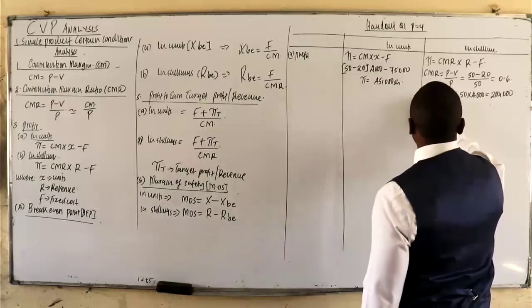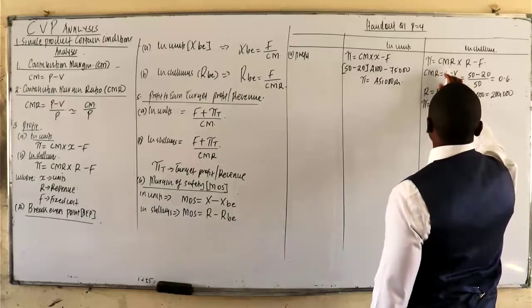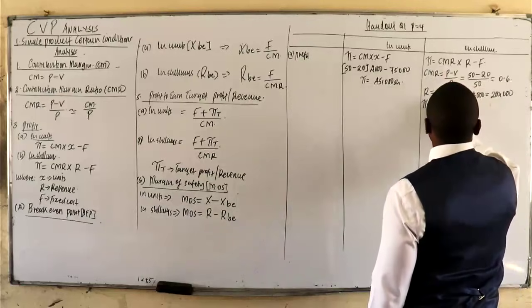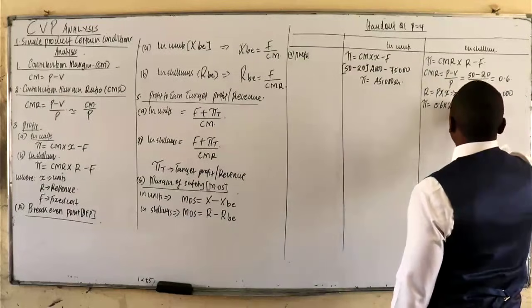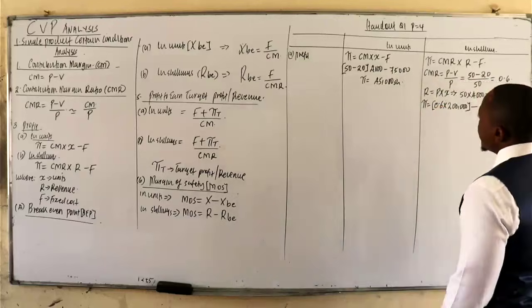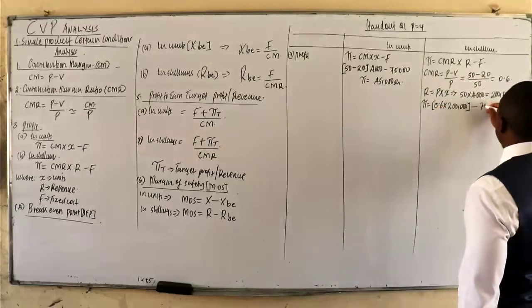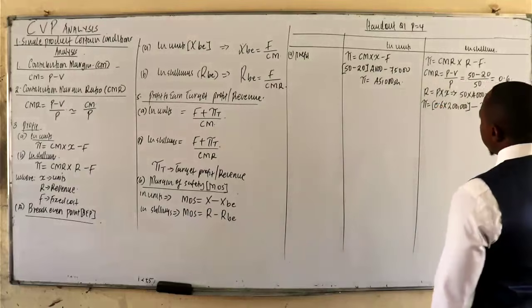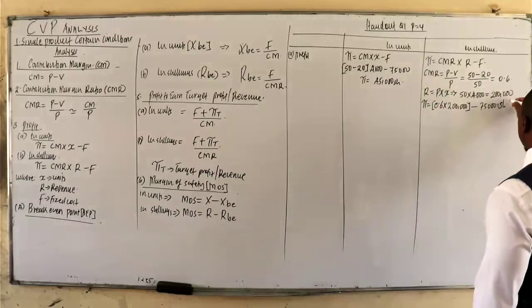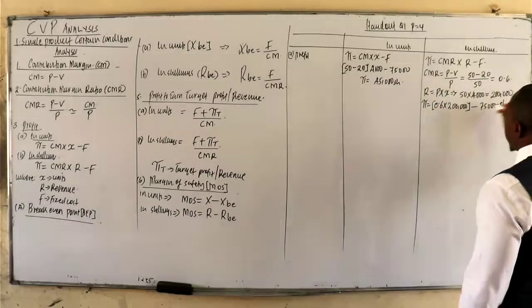Therefore, to get the profit, you take the contribution margin ratio, which is 0.6. You multiply it by the revenue, which we have as 200,000. And then you deduct the fixed cost. So the fixed cost we have is 75. You should be getting the same amount, 45.